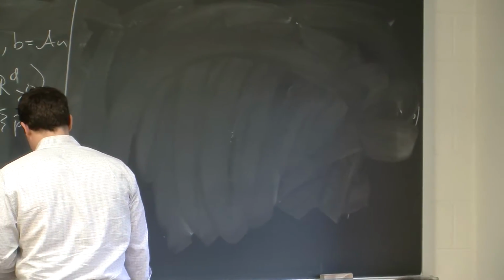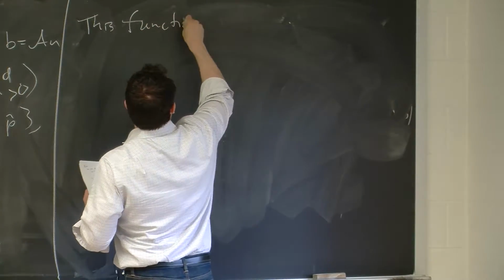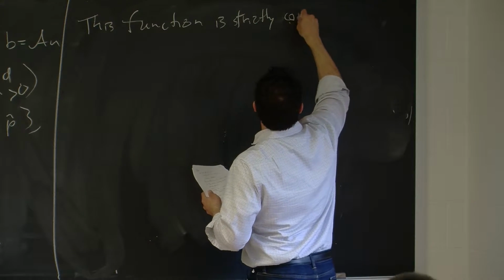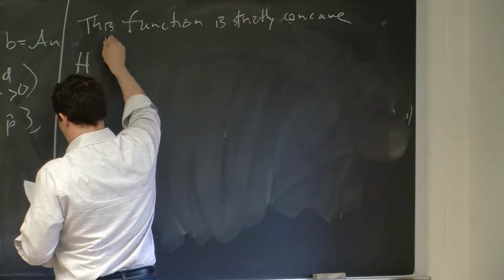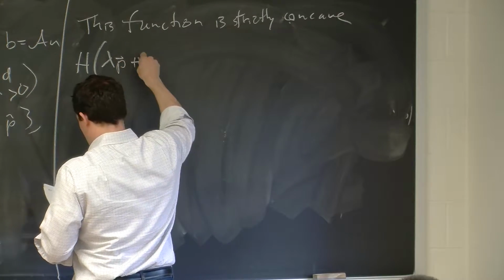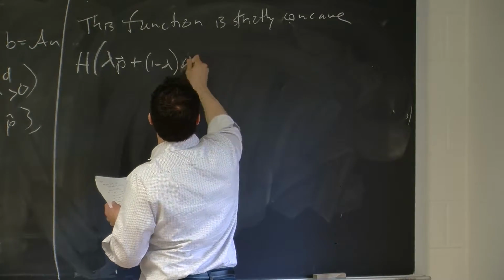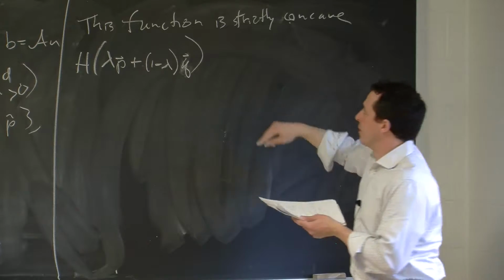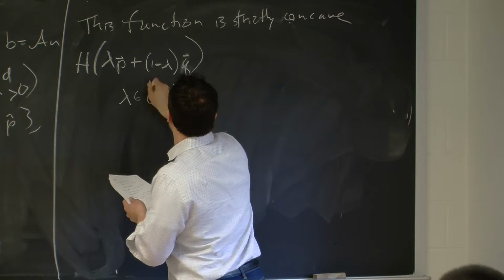How much information is it? So this function is strictly concave. H of lambda p plus, I apologize for my multiple uses of lambda to mean different things, this is just a lambda, which is just the parameter, a number between 0 and 1.